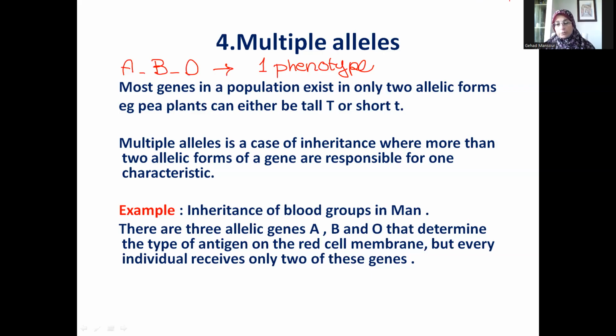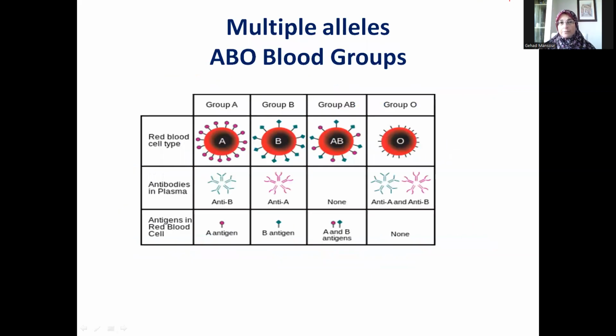So what are the possible genotypes in such a case? We have 3 alleles but only 2 loci. So I might receive AA, or AO, or BB, or BO, or I might receive AB, or OO.